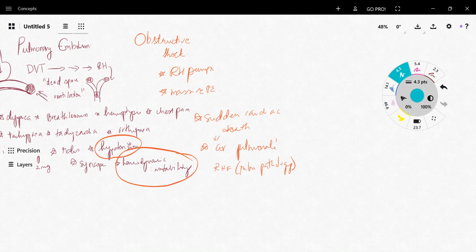Because first you want to save the patient, and then let's look at some of the board-relevant questions that the USMLE likes to test you on. But let's first address how to manage this really quickly. So there's something called the modified Wells score, right?